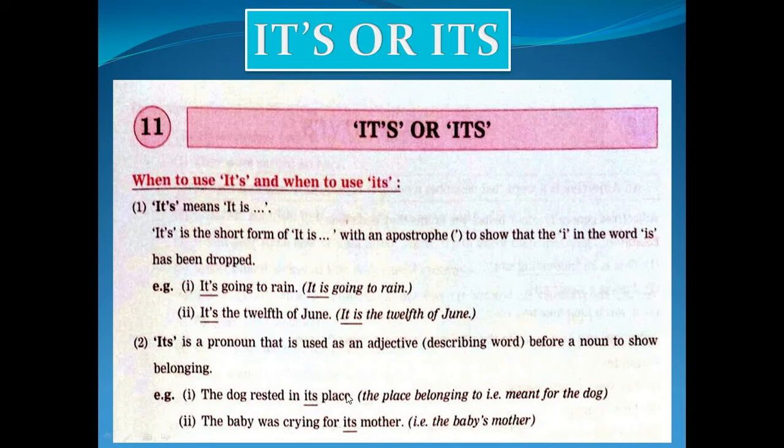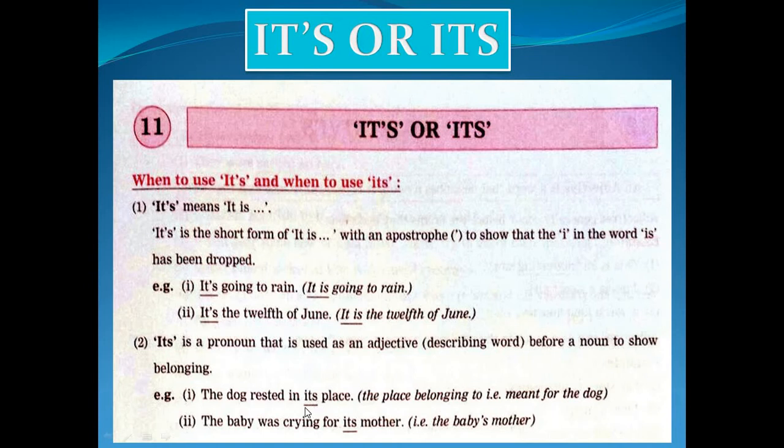And for example, if we use the apostrophe s it's over here, how will it sound? The dog rested in it's place. That is, it is. The dog rested in it is place. So it will be totally wrong.